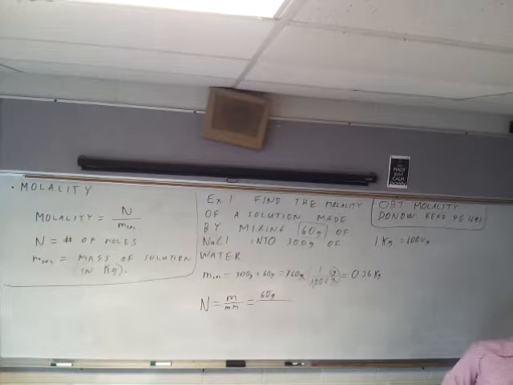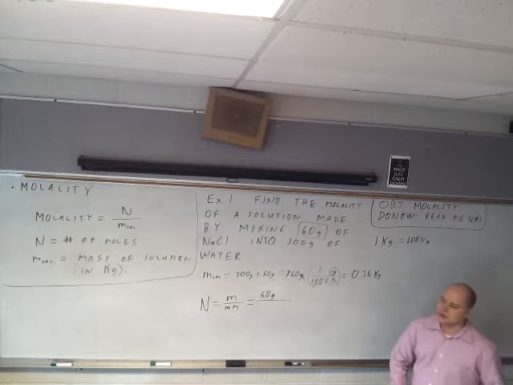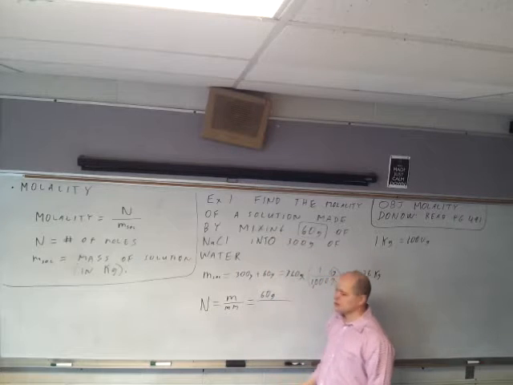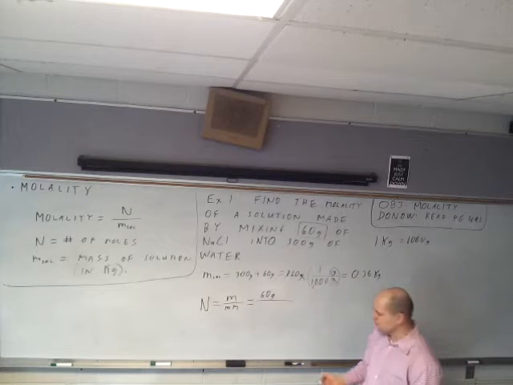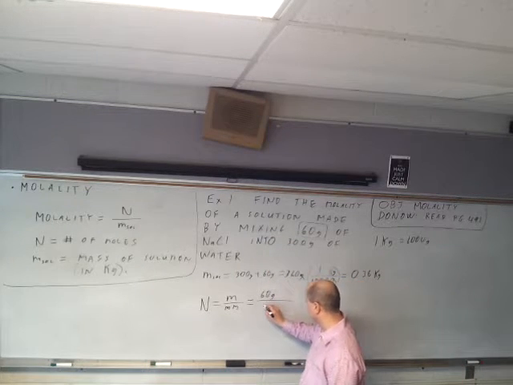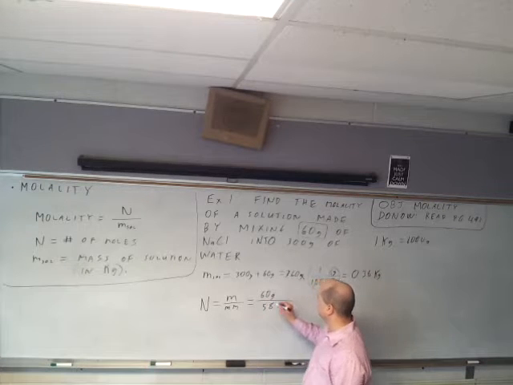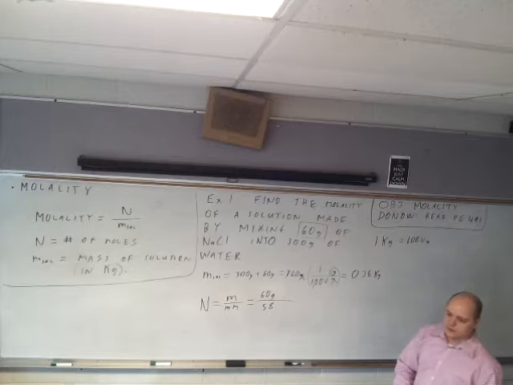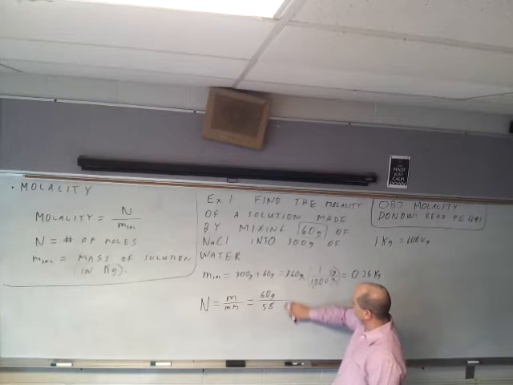And molar mass? Periodic table, right? I'm going to look up sodium and chlorine and add them together. This is 23, and that's 35, add them together, 58. Sounds good.